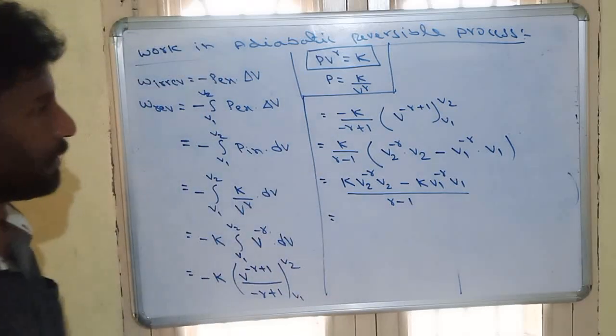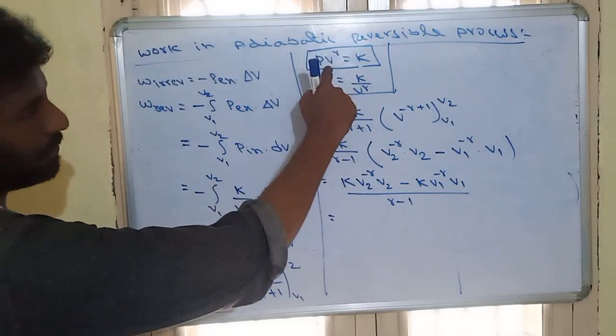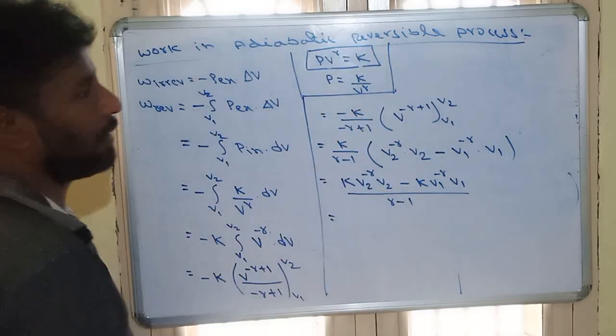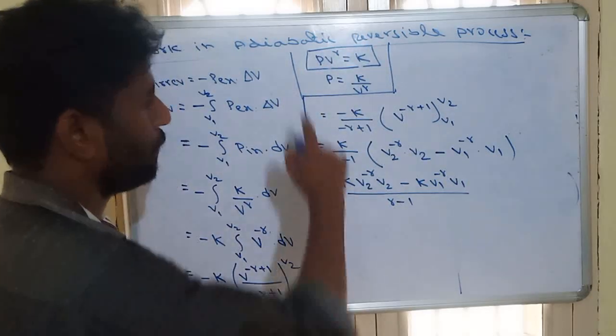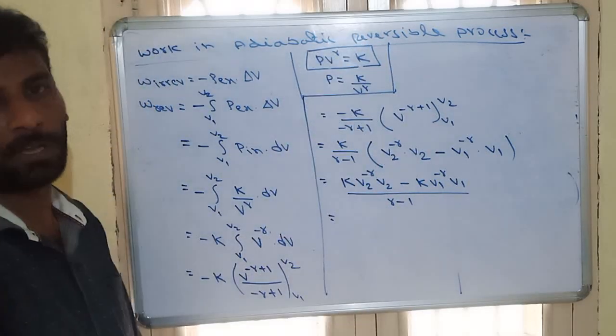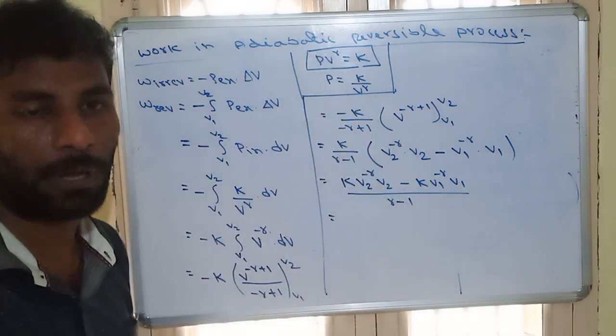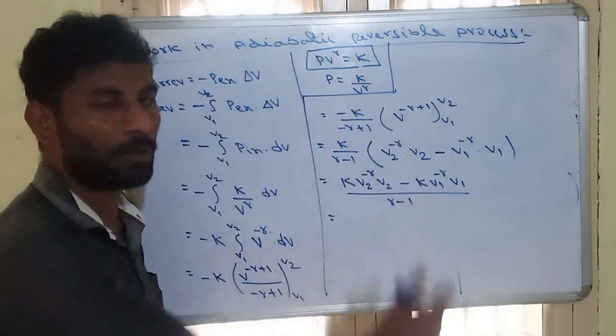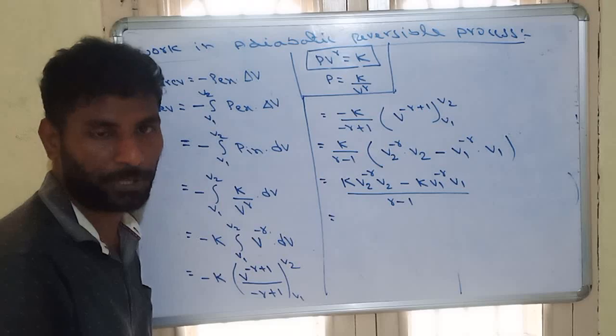K is a constant. So PV^gamma equal to constant means P1 V1^gamma is equal to P2 V2^gamma, just like PV equal to constant means P1 V1 is equal to P2 V2.